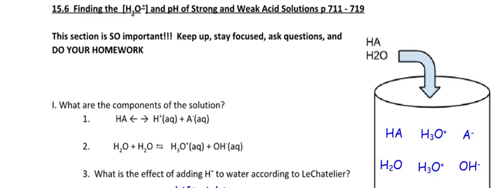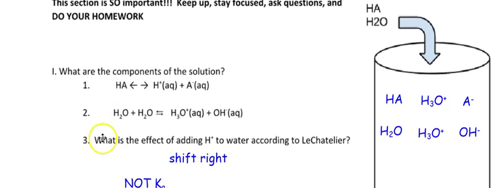I don't know, it was 2 videos ago, all right? So we started off and I said, what is the effect of adding H plus to the water according to Le Chatelier? What did we say? It shifts to the right. So if I'm going to add water to a weak acid, aren't I diluting it? And what's going to happen is it's going to shift to the right, and I'm going to make more H plus. Let's see how this works.